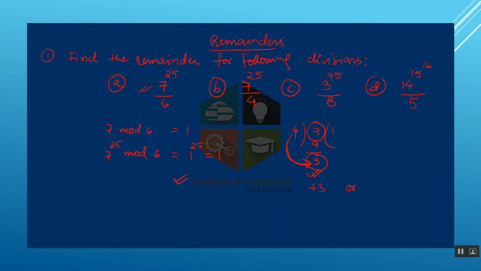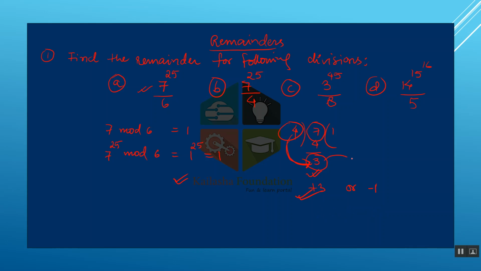So this 3 remainder can also be written as minus 1. This minus 1 you can find in many books or solutions or authors or portals. The minus 1 in case of a remainder means divisor minus 1. What is the divisor? 4. So 4 minus 1, that is 3. 3 is the actual remainder.